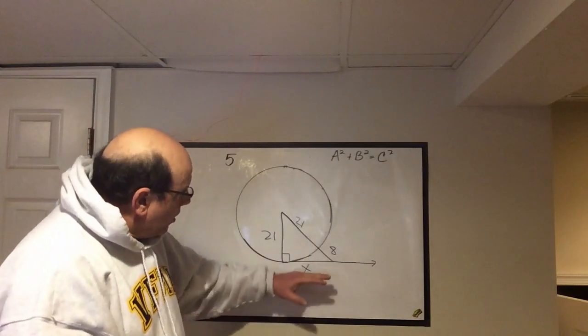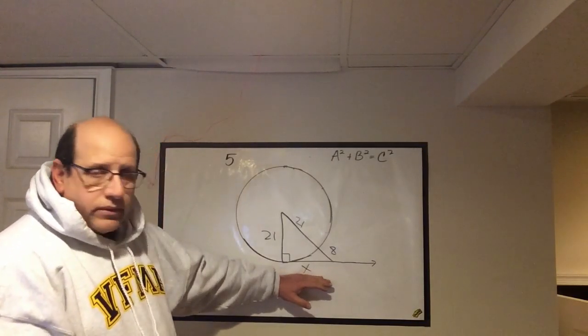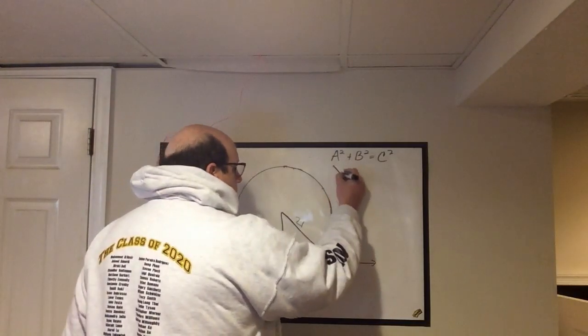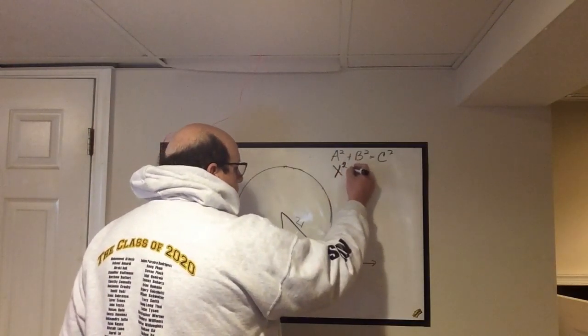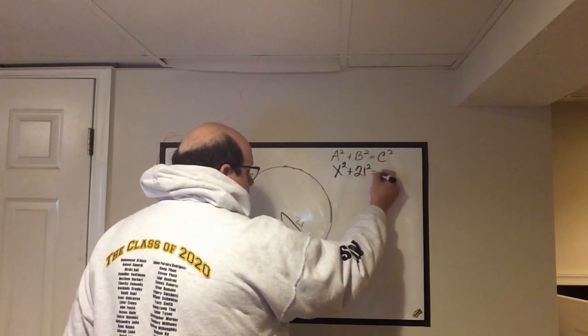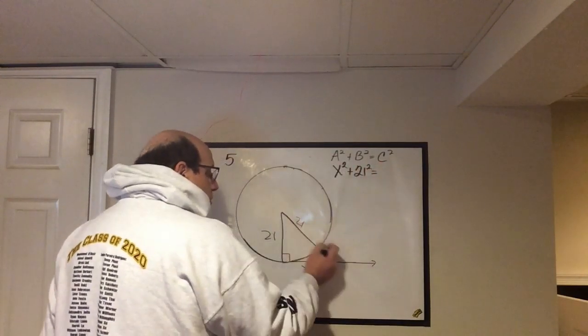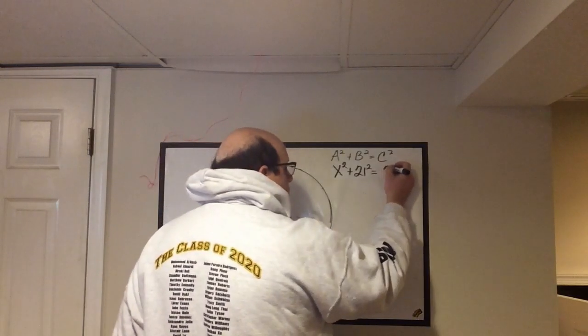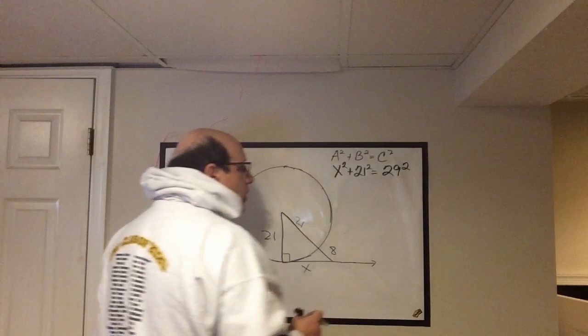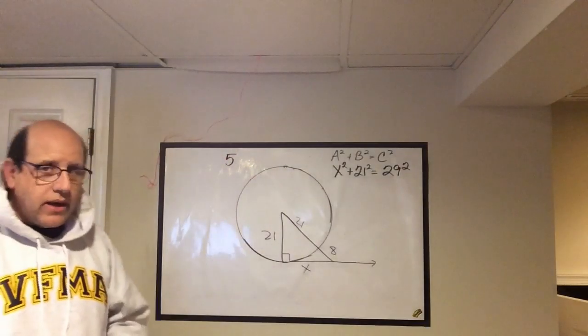I'm just going to call the unknown a for now. So I'm going to say x squared plus 21 squared equals 21 plus 8, which is 29 squared.